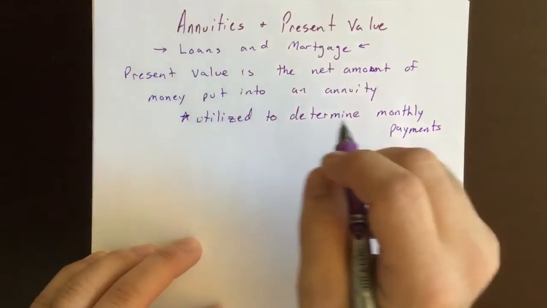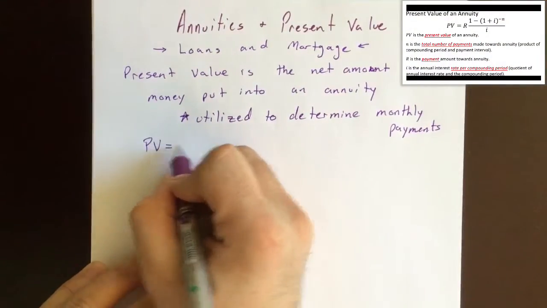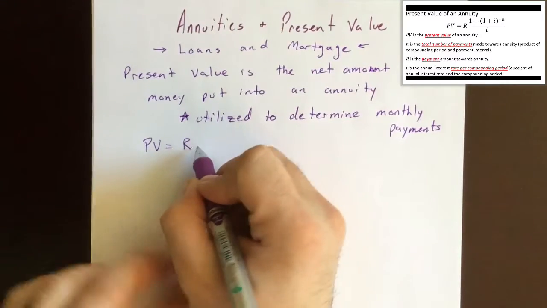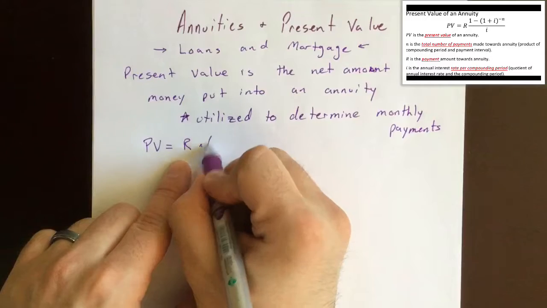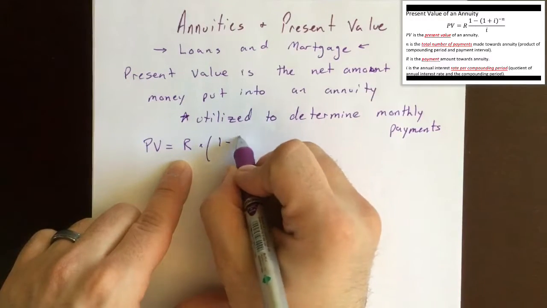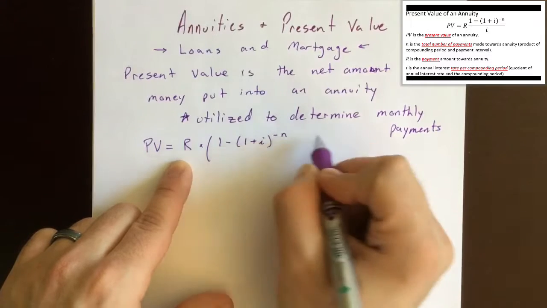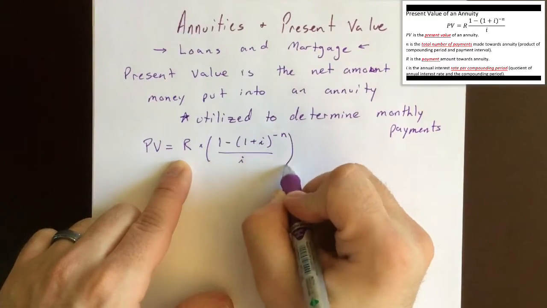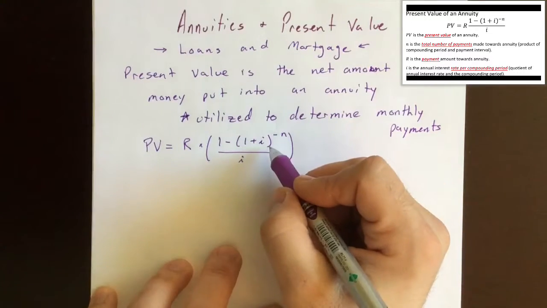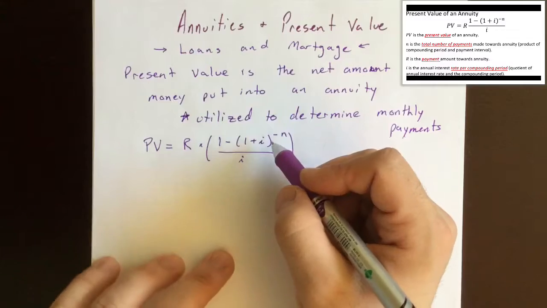So the formula is, as you see above, present value, PV. Again, we see our monthly payment. We see I again, but our exponent's negative n. So some slight similarities to the future value formula, but it is different here.